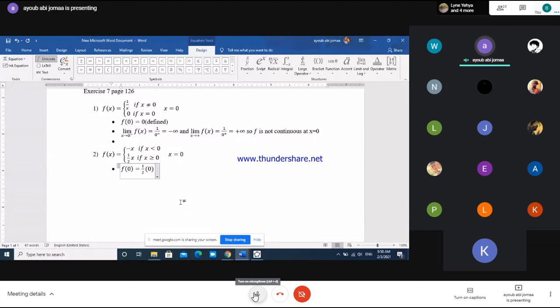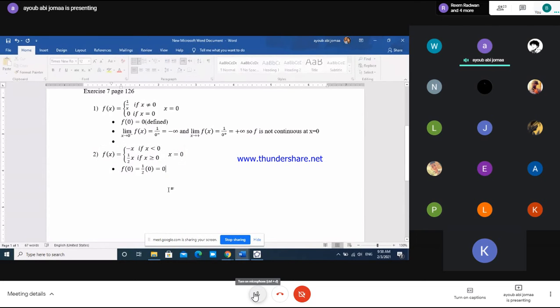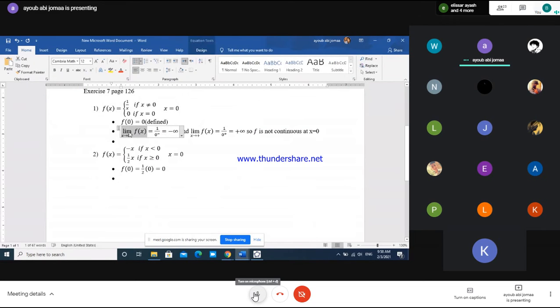Okay, good, which is equal to 0. So here we replace x by 0. Right, good. The first condition is satisfied. Now the limit as x approaches 0 minus: x is less than 0, so I use this one. So it is equal to the limit of negative x.